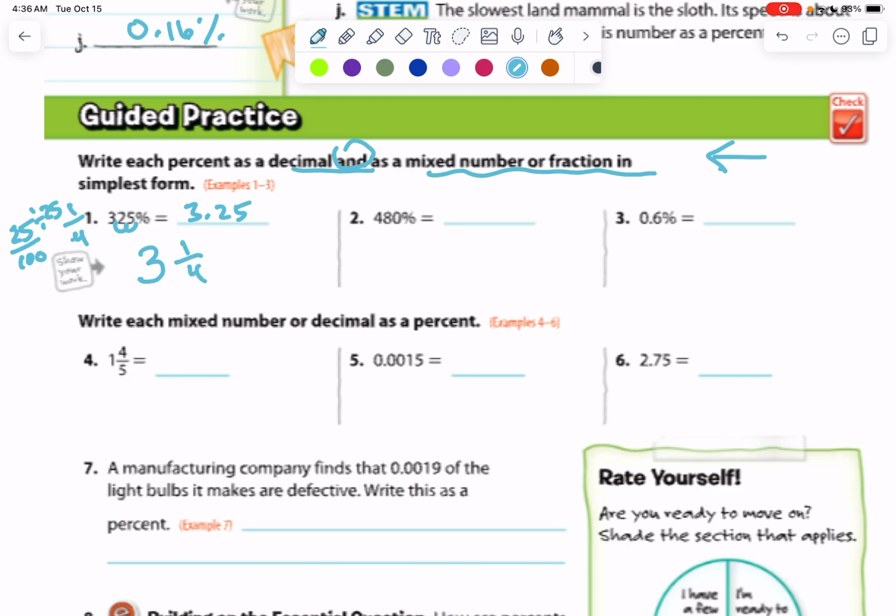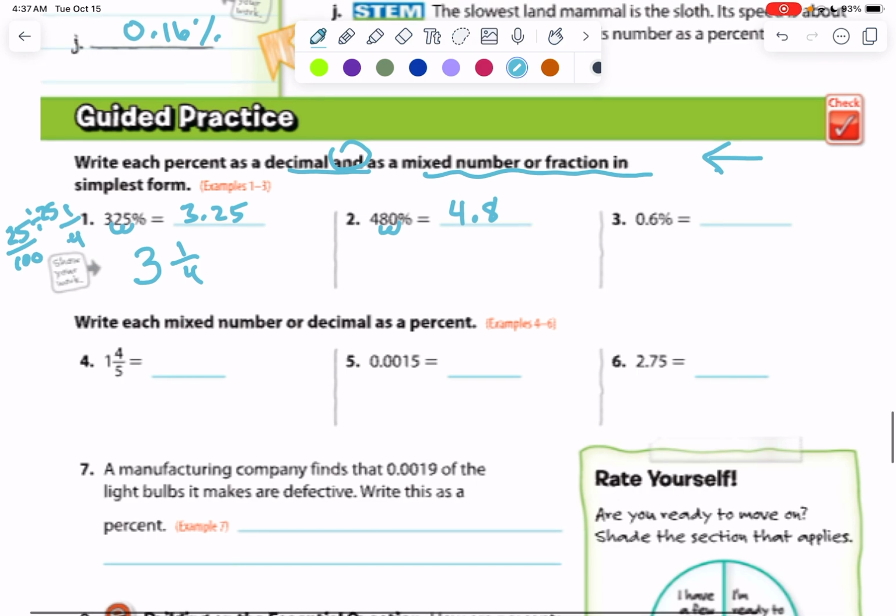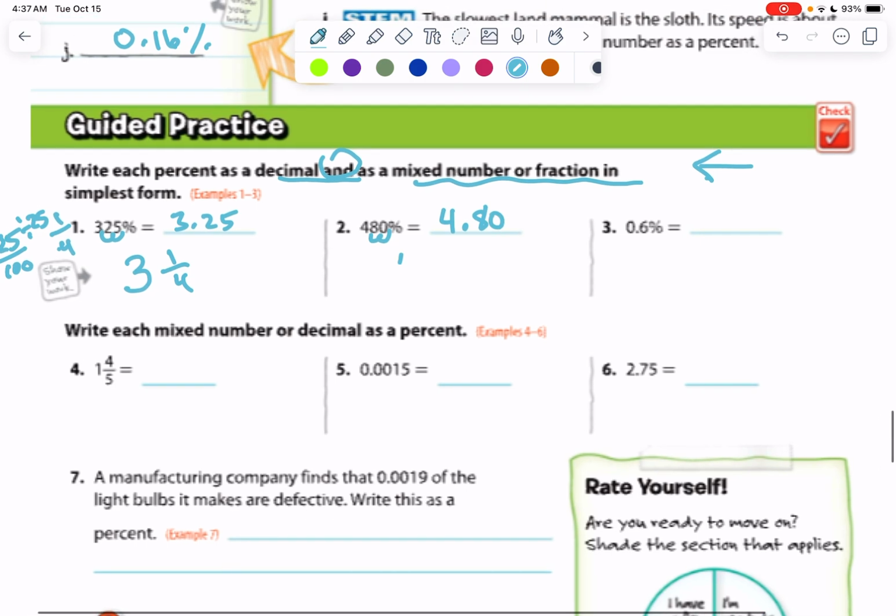Okay, 480%. Move the decimal. 4 and 8/10. Okay. But if we keep this as 80 hundredths, then we have 4 and, maybe we don't want to. 8/10 is already simplified. We'll have less simplifying to do, right?